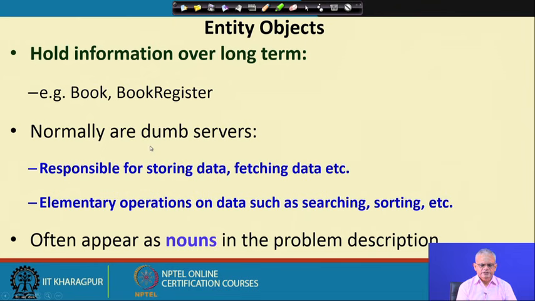And we call these objects dumb servers because they do only very simple processing like store some data, look up some data, or maybe sort, etc. And the entity objects are normally identified by reading the problem description and finding the nouns there. The nouns, as you will see, mostly indicate the entity objects.